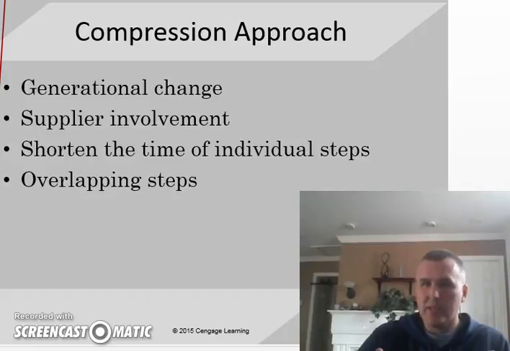The Twilight series, you may love them, may hate them, but they use a compression approach. They used overlapping steps. So there's 3, and I'm going to the last one first because why not? But so what they did is they had a director, set of actors. They found most of the locations they wanted to shoot.